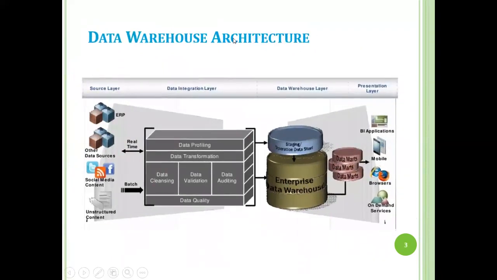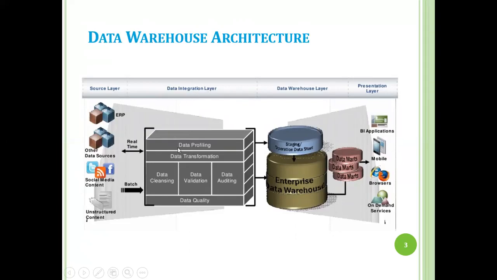So this is the data warehouse architecture, whatever I have explained so far. We have the sources here: ERP, enterprise resource planning, social media, networking, e-commerce sites, structured data, unstructured data. Real-time or batch data we pull from the source.